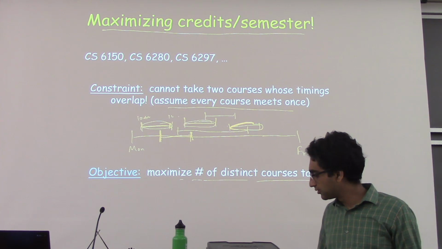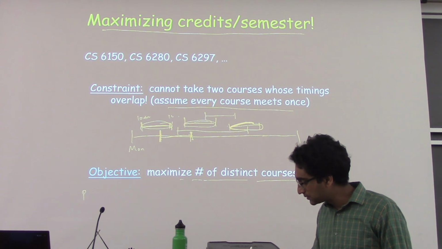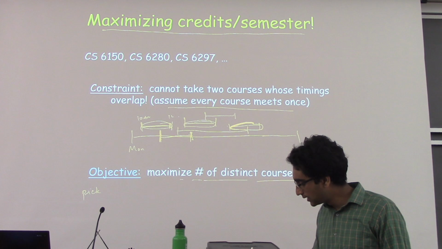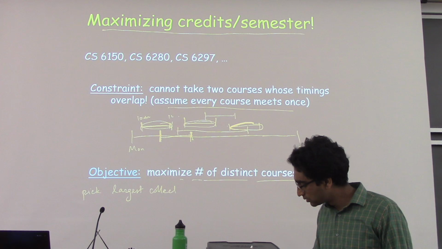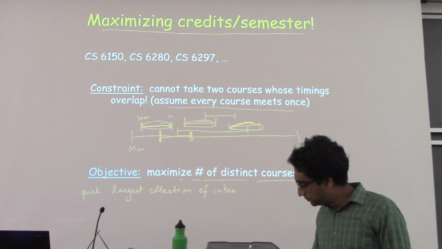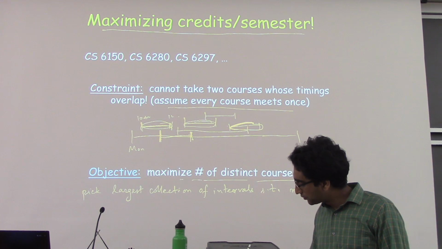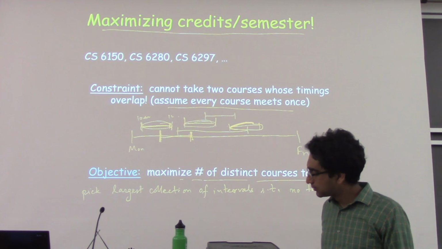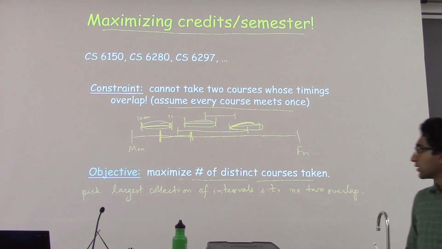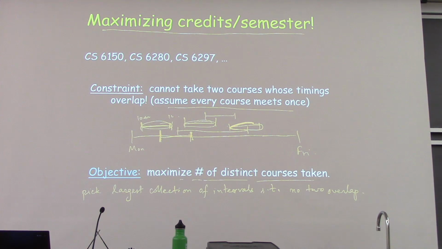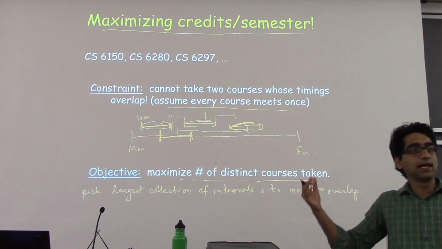Pick the largest collection of intervals such that no two of them overlap. I don't know if this is visible, but you don't want any two things to overlap. You want to pick the largest number.